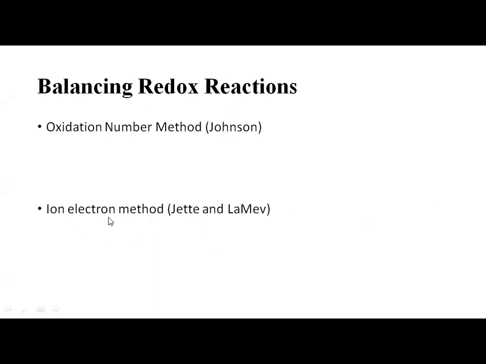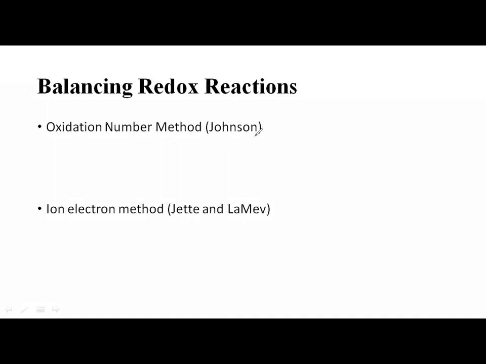And the second one is the ion electron method, or you can call it the half reaction method also, which was developed by Jette and Lamb. So let us see how we can balance redox reactions using the oxidation number method.